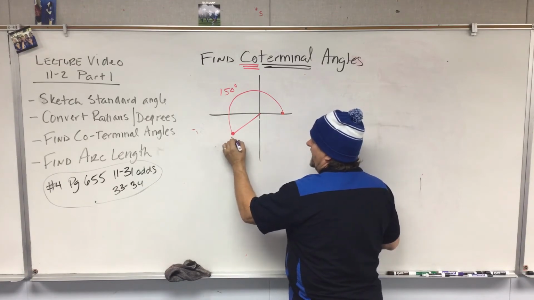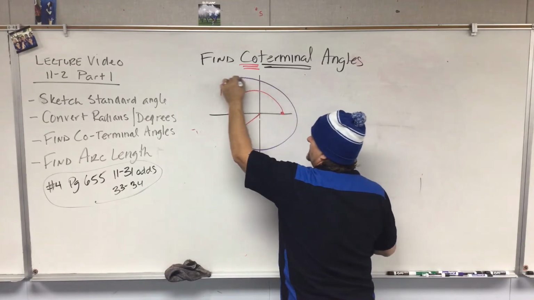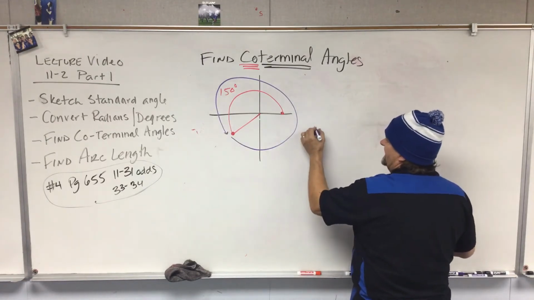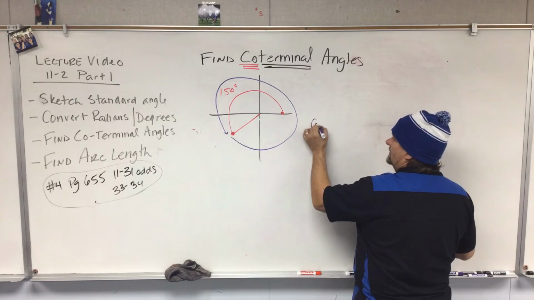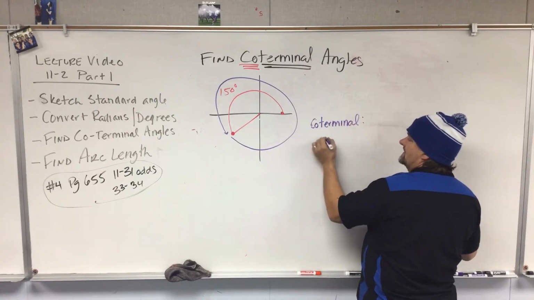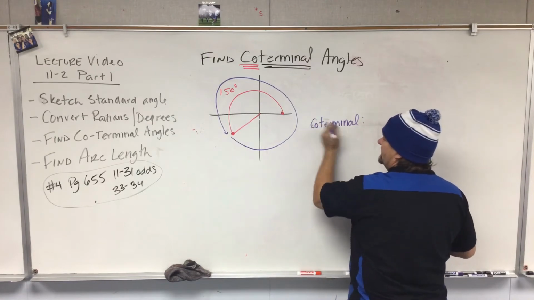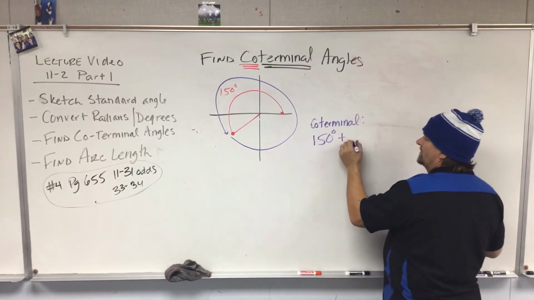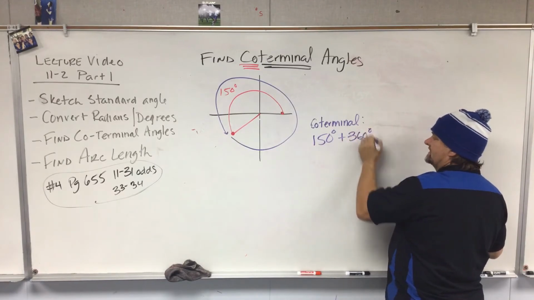I can go around 360 more degrees to there. So I can say a co-terminal angle is the 150 I started with, and then I go one more circle, which is 360 degrees.